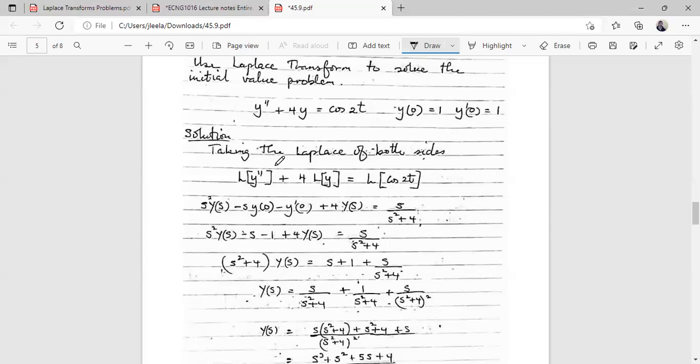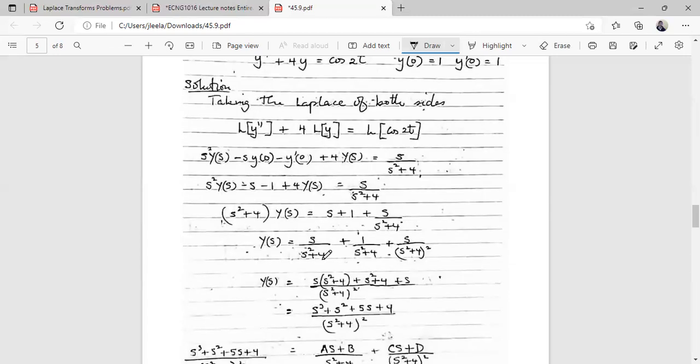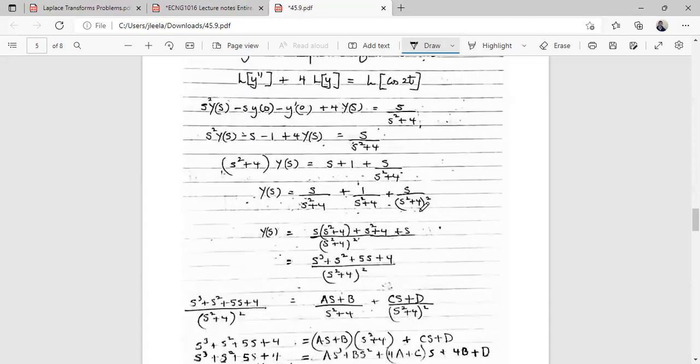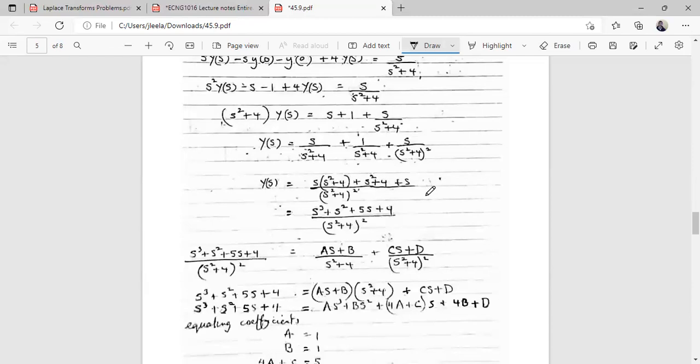So you end up with s plus 1 plus s over s squared plus 4. And then you divide throughout now by s squared plus 4. So you end up with s over s squared plus 4 on the right hand side, plus 1 over s squared plus 4, plus s over s squared plus 4 all squared.